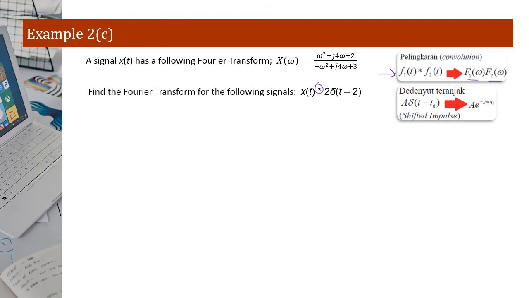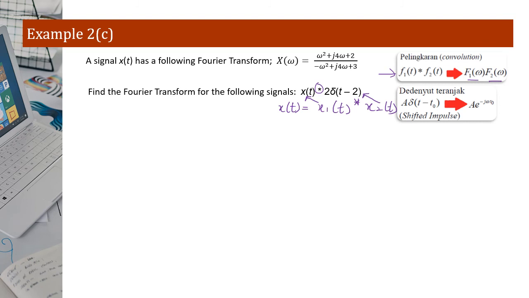So let's have the equation: x(t) is equal to x1(t) convolved with x2(t). What is x1(t)? Your x1(t) is equal to x(t), while x2(t) equals 2 delta(t-2).